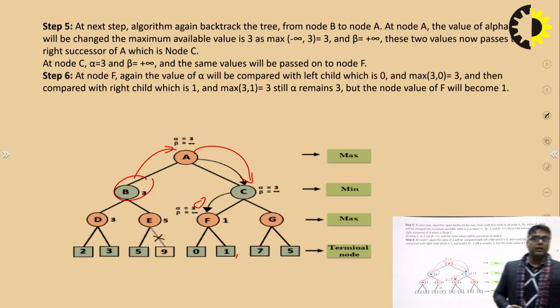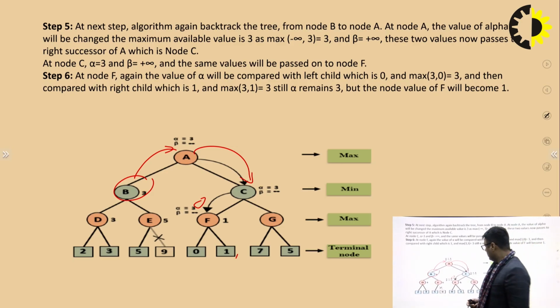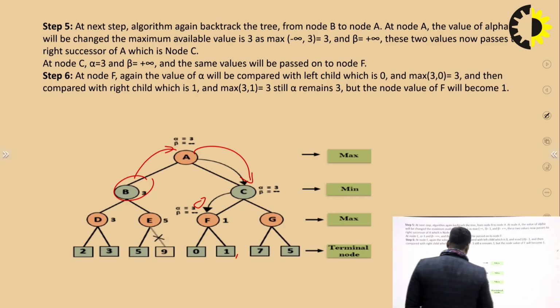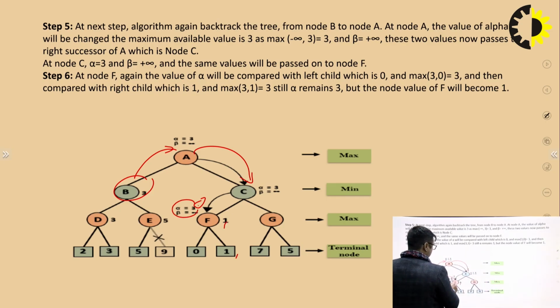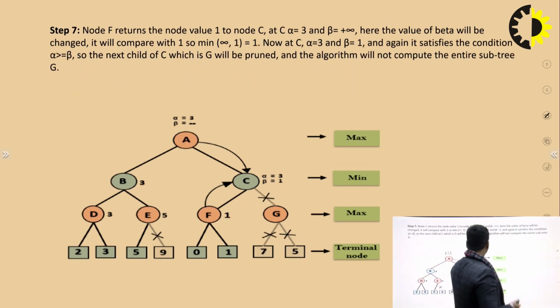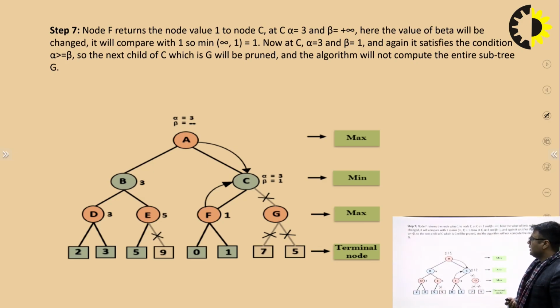But the node value of F will become 1. The node value of F becomes 1, but alpha does not change. So, moving on to the second last step, node F returns the node value 1 to node C.